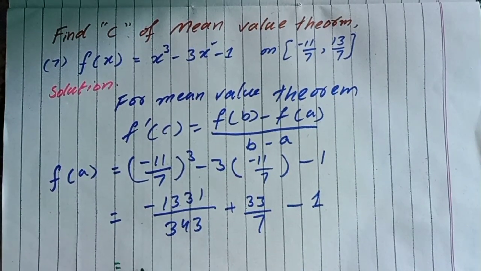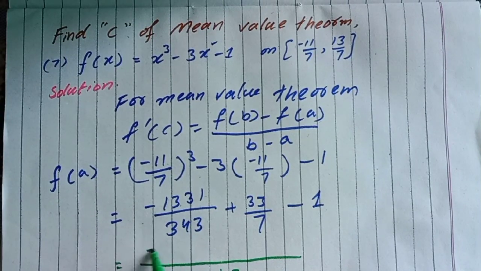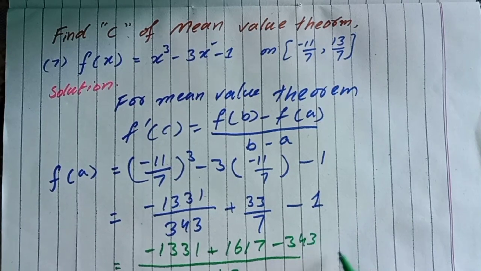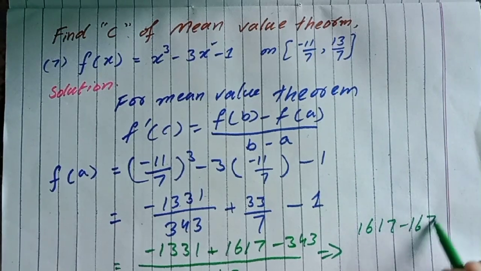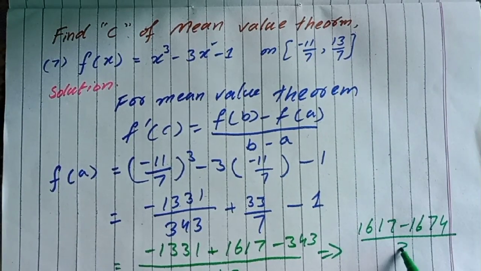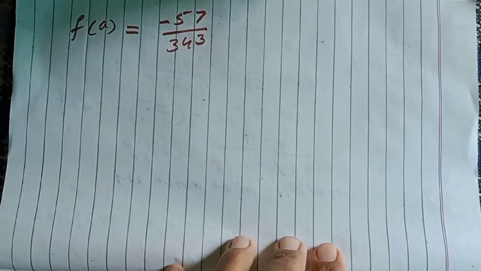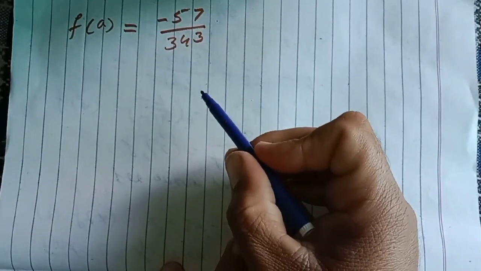Now taking LCM, 343 is the LCM, and we get f(a) = -57/343.